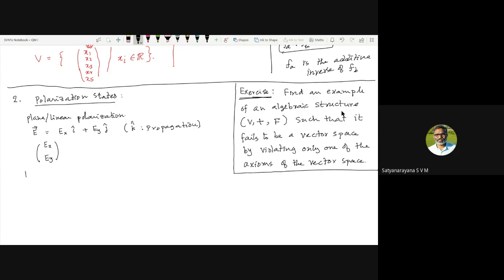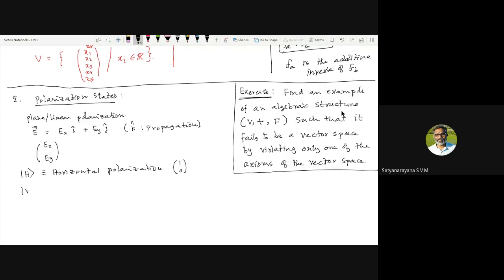So let us say I have a horizontal polarization, which I will denote like this. And we are going to represent this as 1, 0.